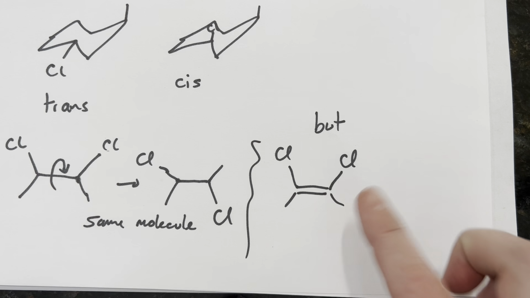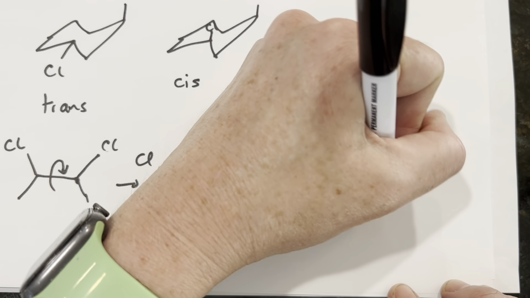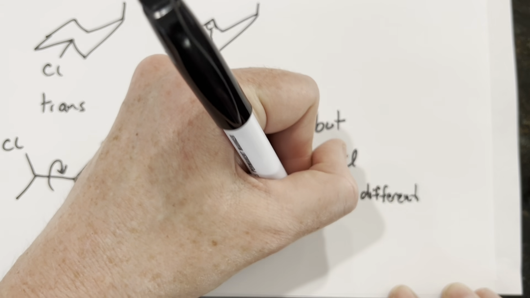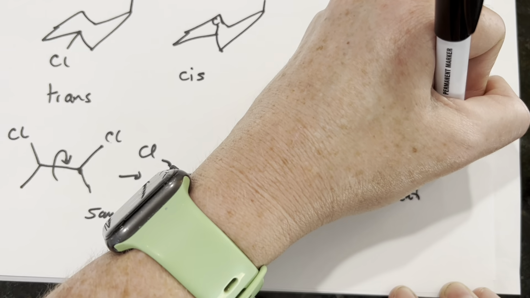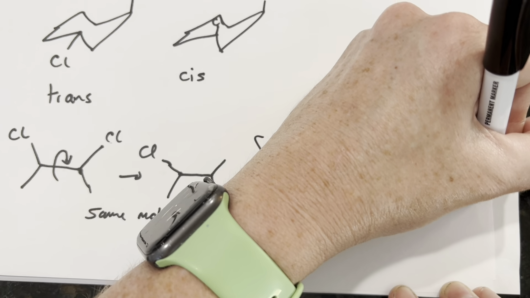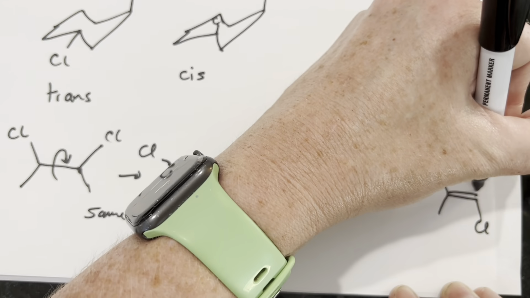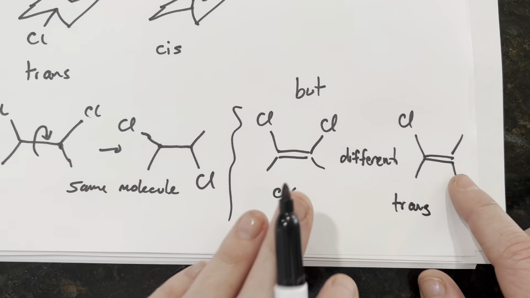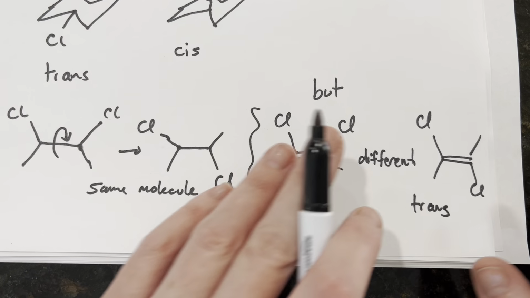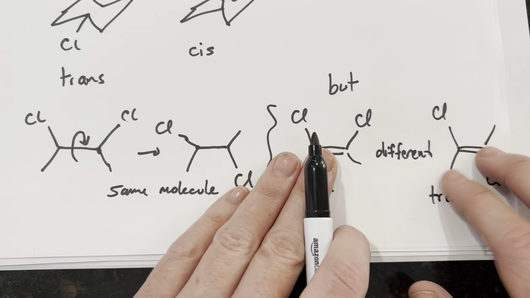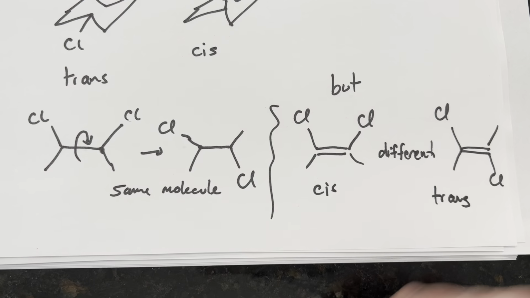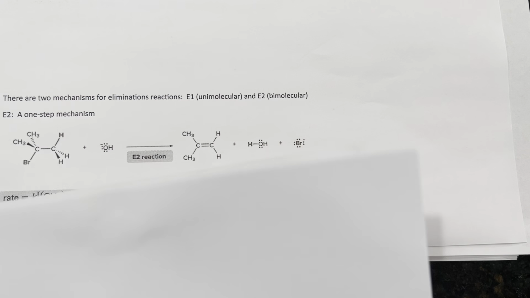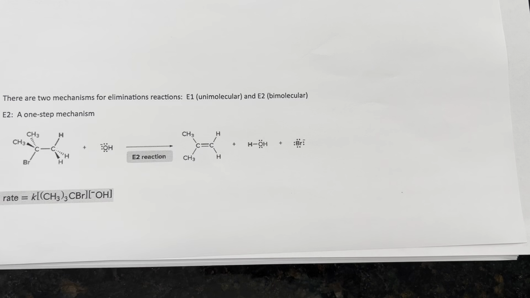And because of that, that is very different. And this being the cis would be very different from the trans molecule here. So these are not the same molecule. So if you have a single bond, they're the same, but if they're on the other side of a double bond, it makes a totally different molecule, right? So that's going to be helpful to know.